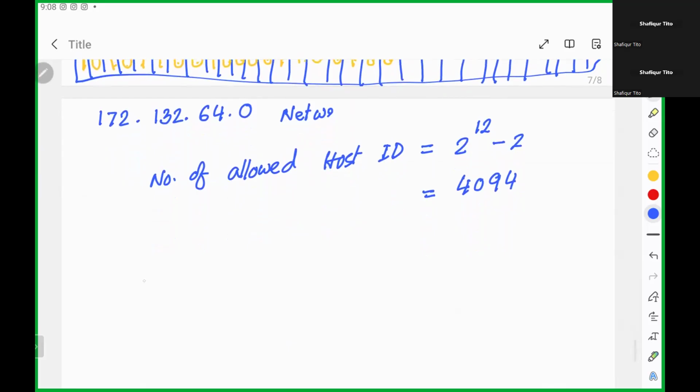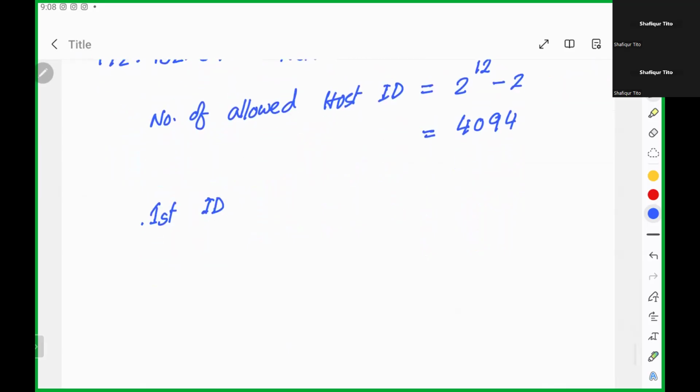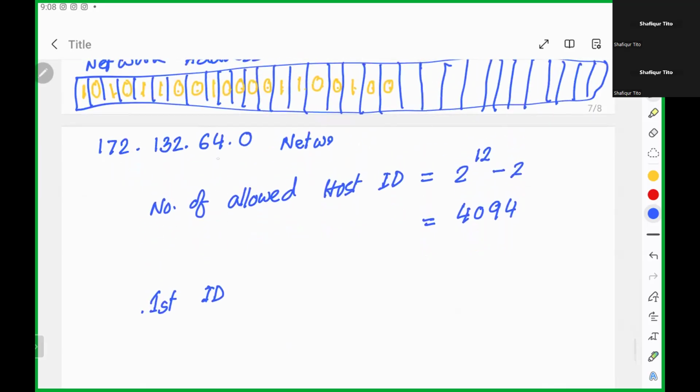Okay. Now, what would be the first ID? First ID would be equal to my network address, which is 172.132.64, and then the last bit we can make it 1.